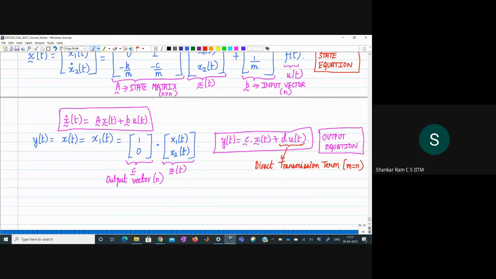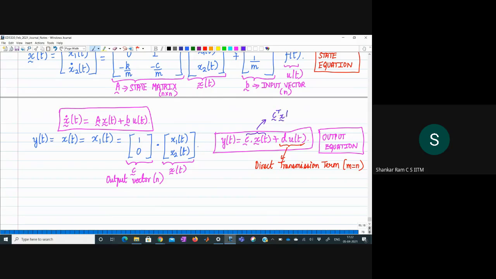So please note that the direct transmission term, essentially D u of t, comes into play only when m is equal to n, not otherwise. Please remember that. Now, one important thing before we go ahead: in many references, you will find C dot x being written as C transpose x.